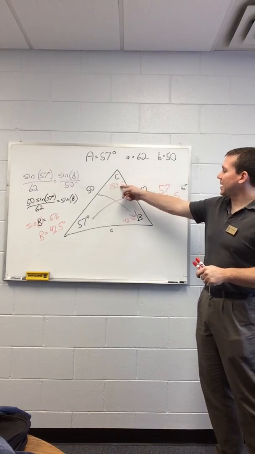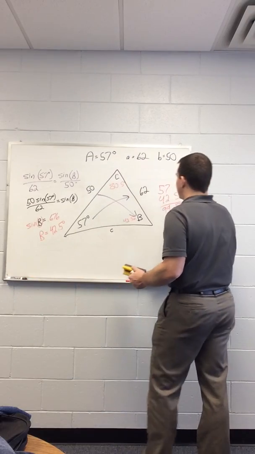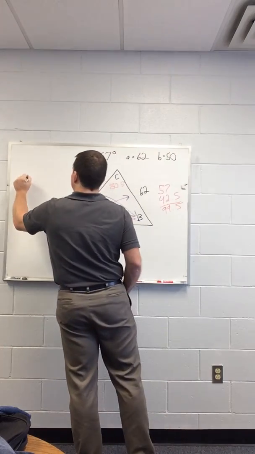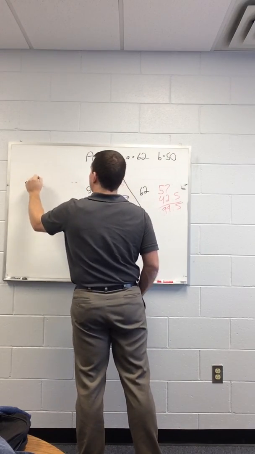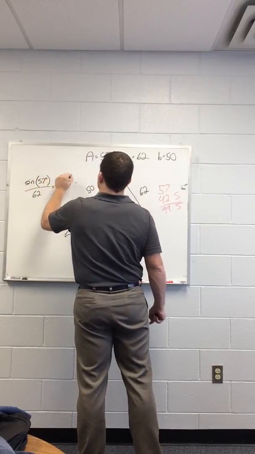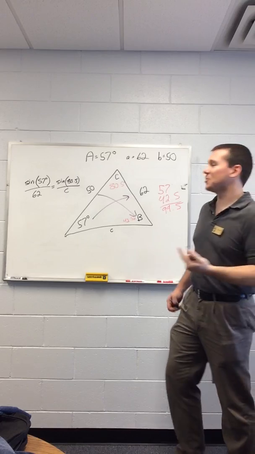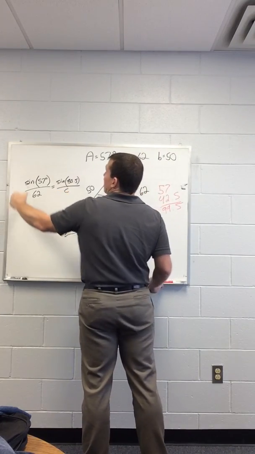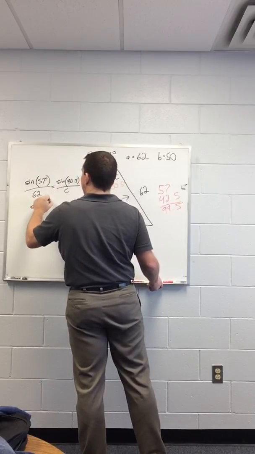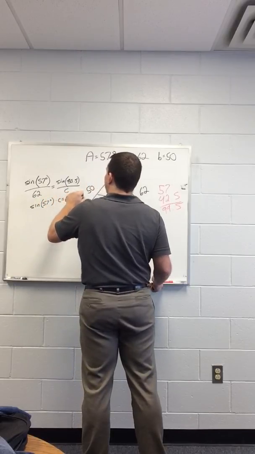Now, since I know this angle and I want to find this side, I can just apply the law of sines again. We're going to run out of room, so we'll just go right over here. Sine of 57 degrees over 62 equals sine of 80.5 degrees all over c. Just make sure you do your algebra correctly. Multiply the c and multiply the 62, so you get sine 57 degrees times c equals 62 sine of 80.5 degrees.